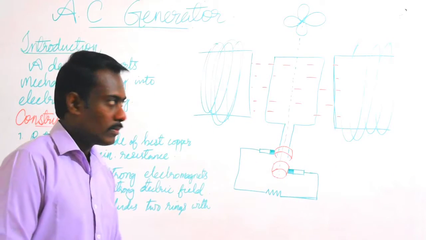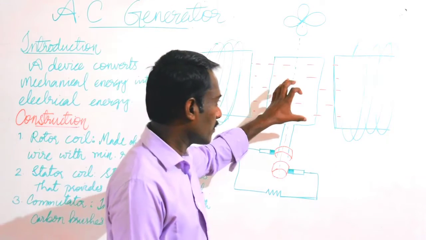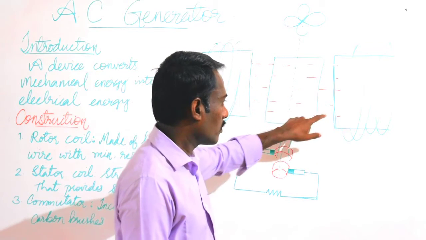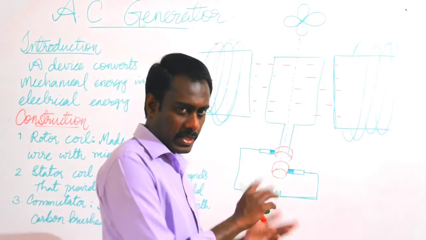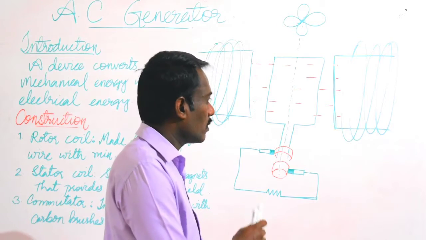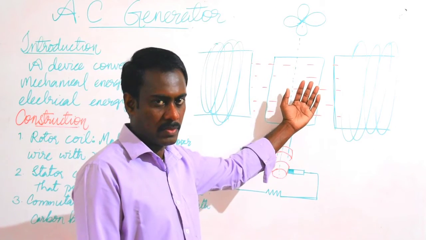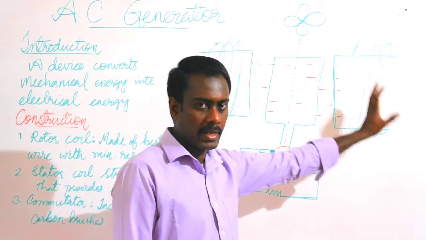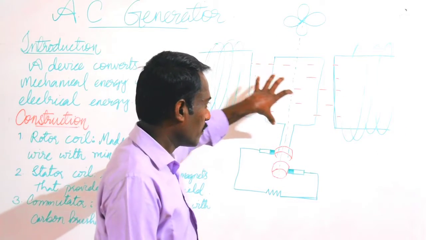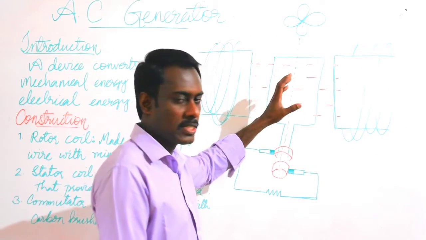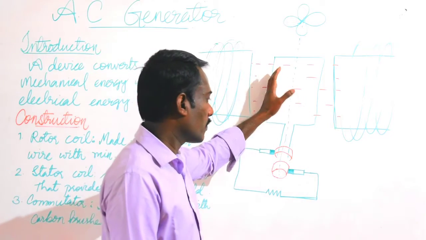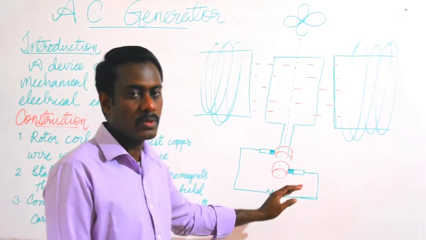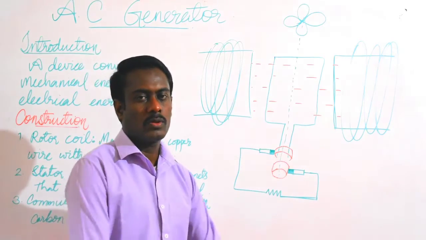When the rotor coil rotates in the magnetic field produced by these two electromagnets, there is a change in the electromagnetic flux. The change in the flux produces an EMF, and this EMF or electromotive force can be taken out to our home.